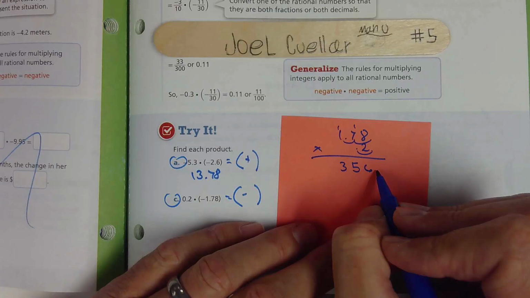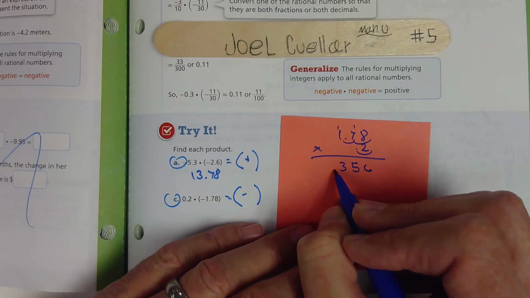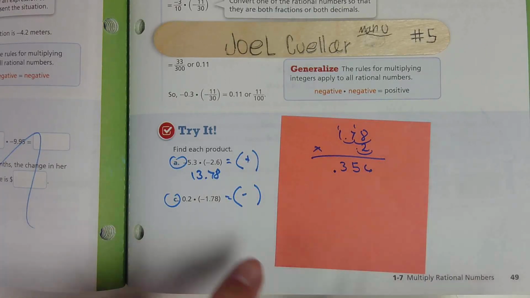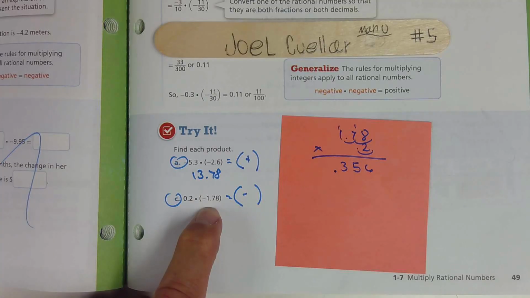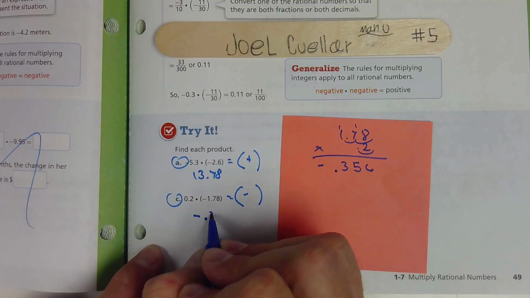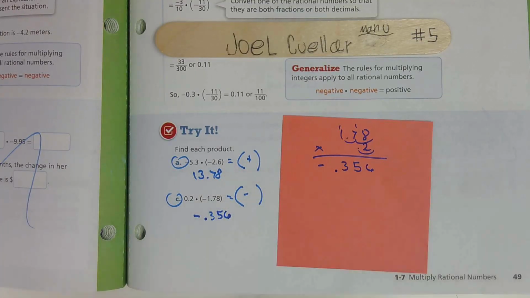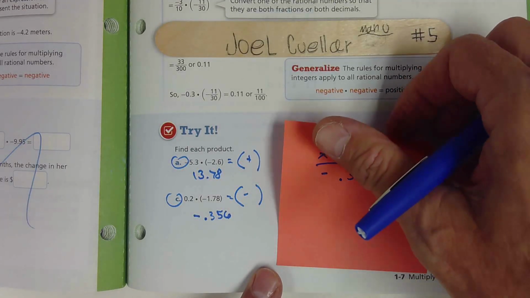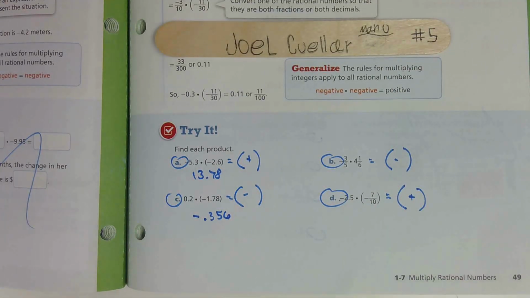So I'm going to start right here and go 1, 2, 3. And then go back to what we originally discussed. It's going to be a negative 0.356. Okay? Questions on that? All right, Mr. Quaylar, put up 50 points.